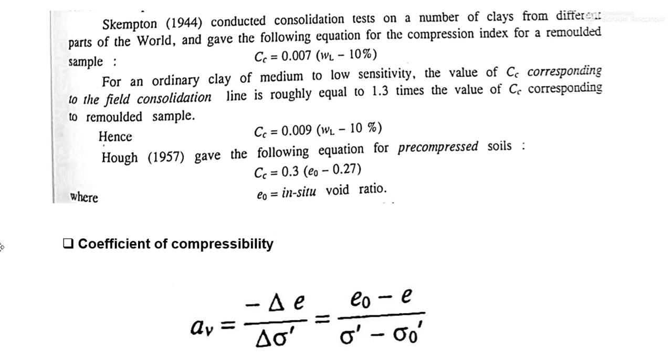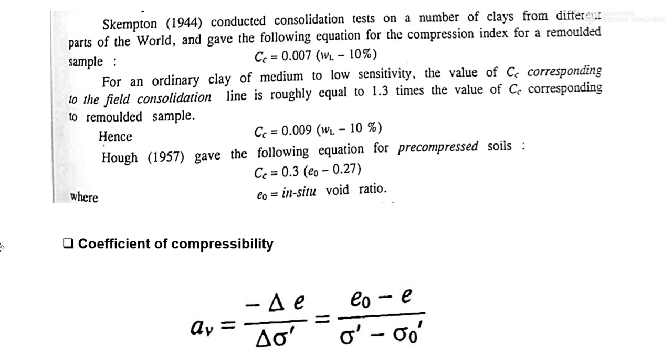So av equals minus the change in void ratio over the change in effective stress. For a given difference in pressure, the coefficient of compressibility decreases as the pressure increases.